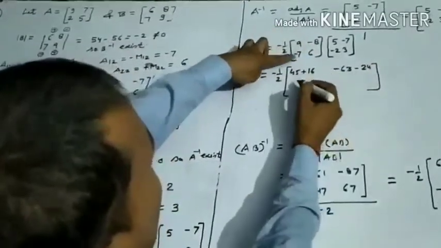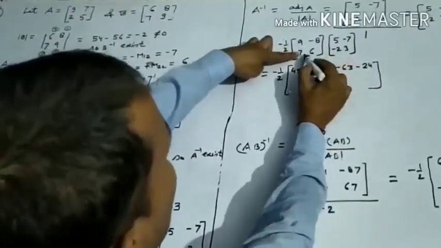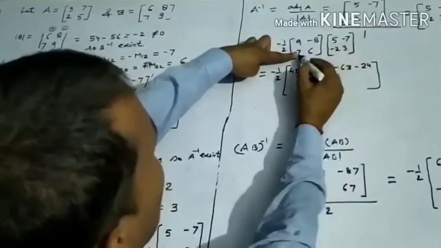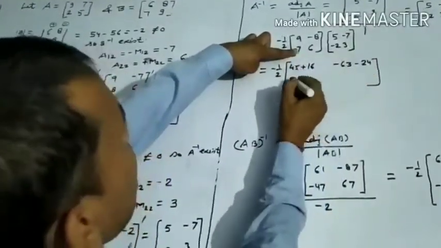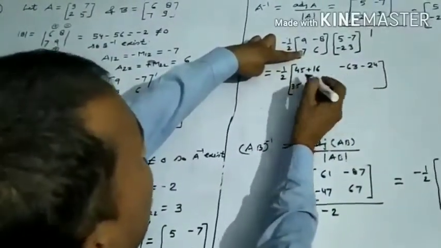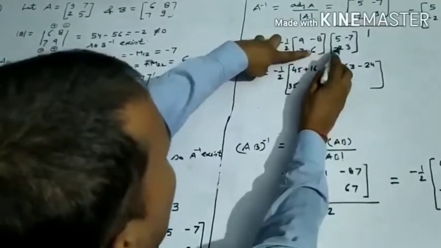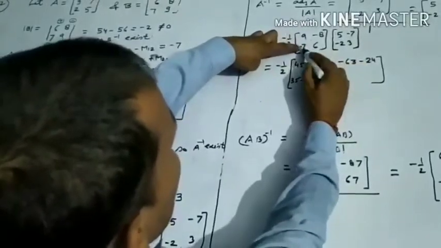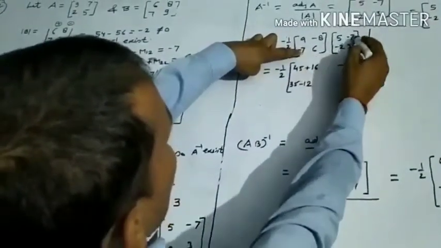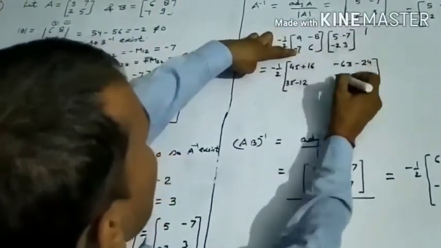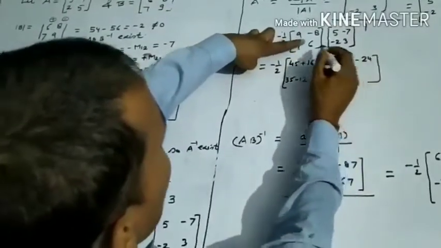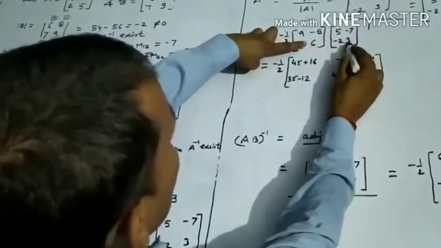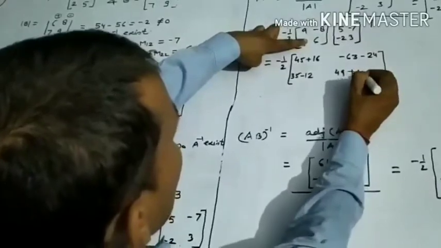Now we take the second row and first column, so 7 into 5 is 35, and then 6 into minus 2 is minus 12. Then second row and second column: minus 7 into minus 7 is 49, plus 6 into 3 is 18.